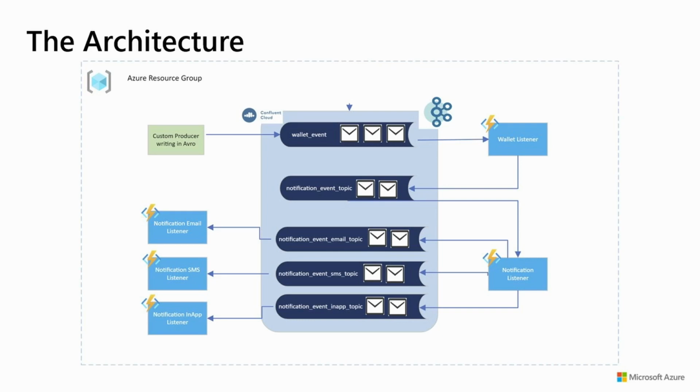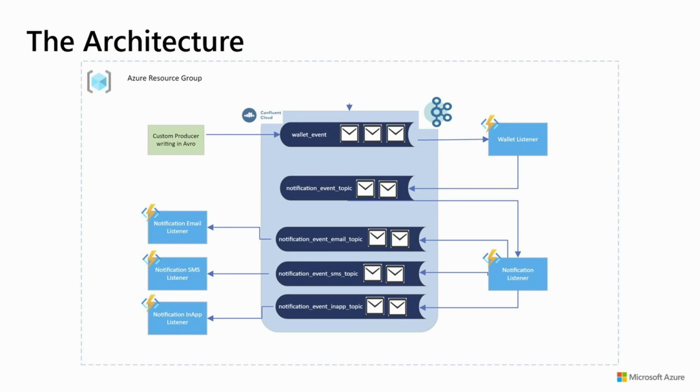So as events land in the wallet event Kafka topic, a function app hosted on Azure Function Service is called, and this function app is named wallet listener. This function app uses the Apache Kafka extension for Azure Functions, and it also uses the confluent.schema-registry.service.avro package, which is provided by default in the extension, to perform the conversion, that is, to deserialize the Avro messages into strings.